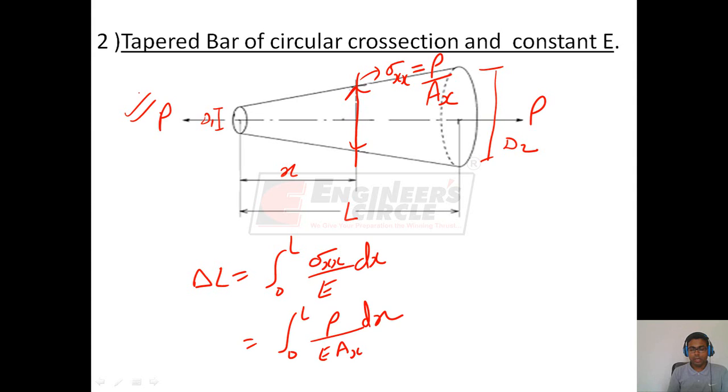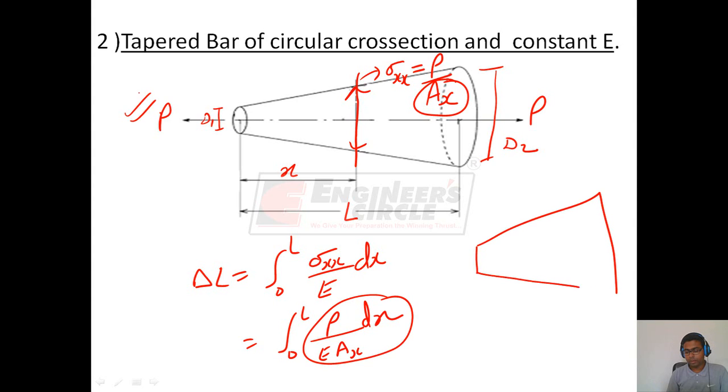But since this area is varying with distance x, we have to express area in terms of x to integrate this equation. Now if we draw this tapered bar, the diameter at x equal to 0 is d1 and at x equal to L is d2. Let the diameter at any location x be dx.